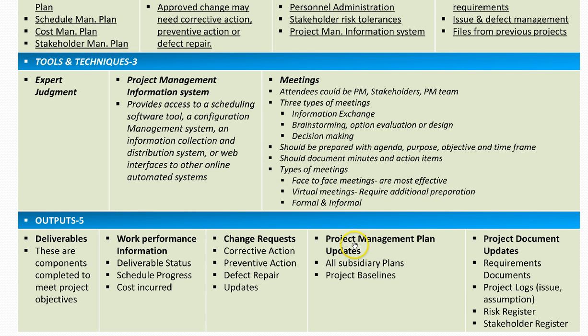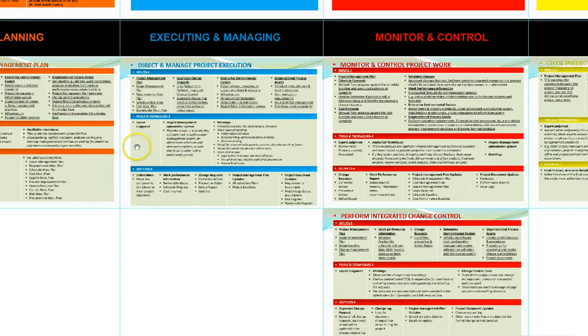Now the fourth output is project management plan updates. So again, you can update all the subsidiary plans or even the project baselines. Now, do you remember which were the project baselines?